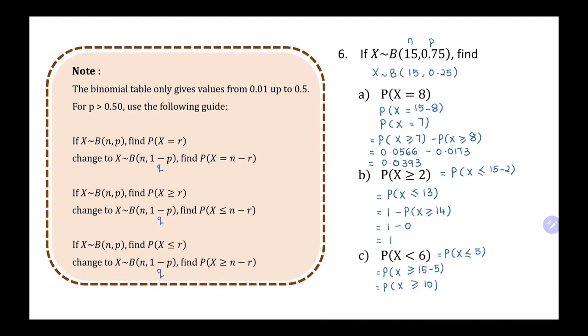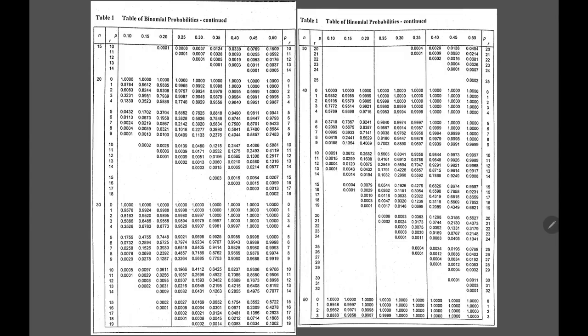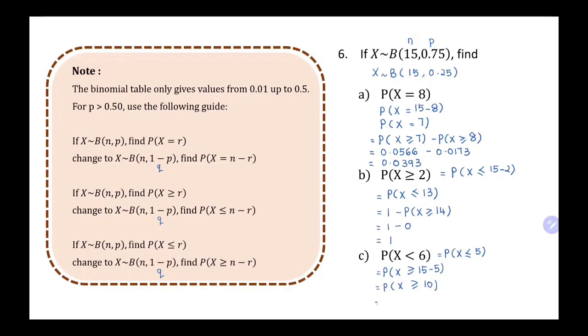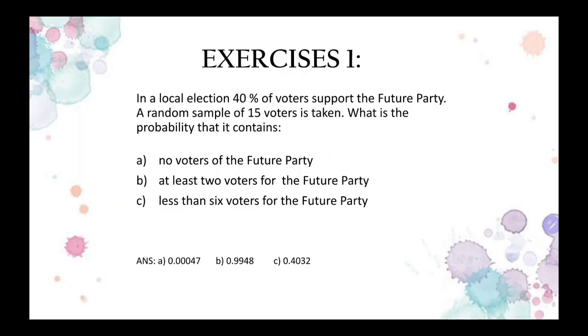Greater equal, kita boleh terus baca table. So we check our table for r equals to 10. For n equals to 15, p 0.25 and r equals to 10, we have answer 0.0008. So we copy here, answer is 0.0008. We finish our video today, and to make you more understand with this topic, so try doing this exercise.